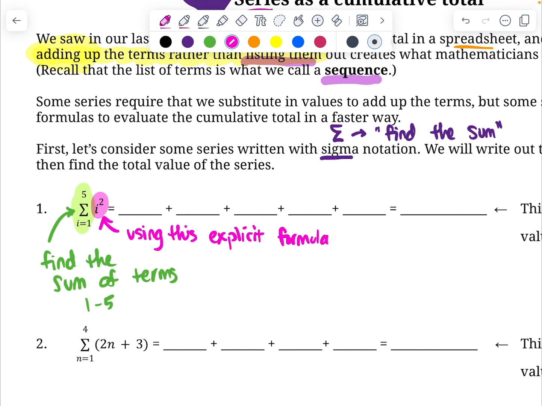So basically what I'm going to do is substitute in 1, 2, 3, 4, 5, write them on these little lines, and then add up what that total is. So I'm going to have 1 squared, which is just 1.